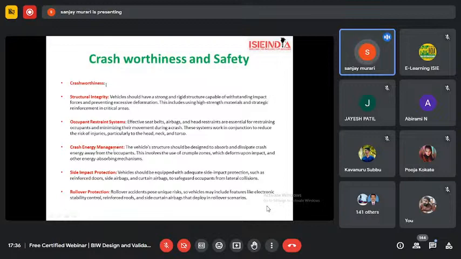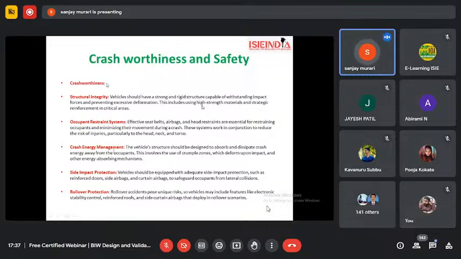So the first term is crashworthiness and safety. What exactly crashworthiness means is nothing but energy management. When a crash occurs, the parts go under huge plastic or permanent deformation. Otherwise, if some parts behave more like rigid bodies, they may transfer the entire energy to the occupant sitting inside the car.